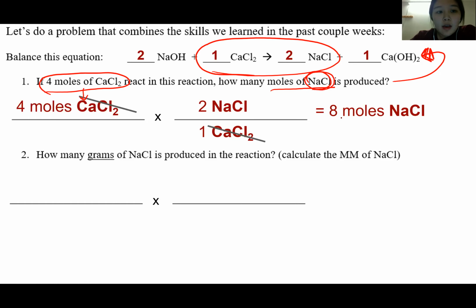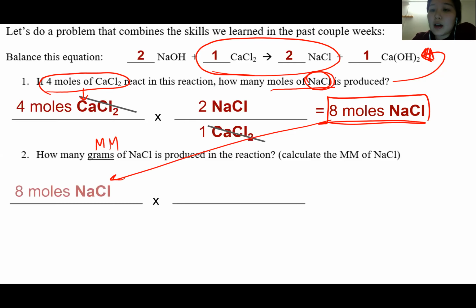Okay? Number 2, how many grams? As soon as I see grams, I'm thinking molar mass. How many grams of NaCl is produced in this reaction? Well, we already got the moles of NaCl, right? So I'm going to bring that down. So that's how many moles.